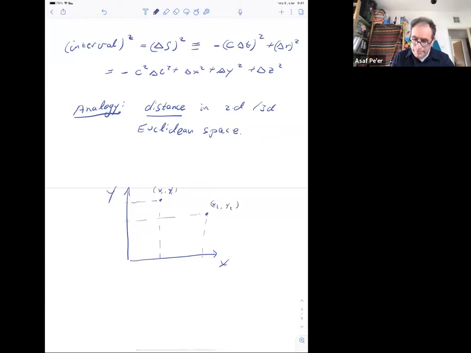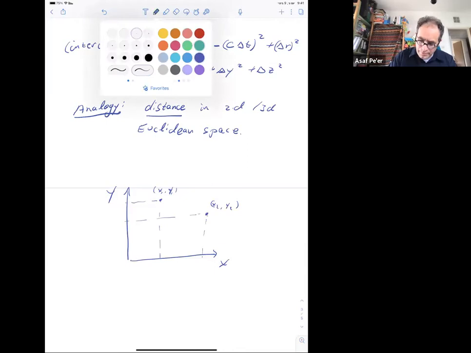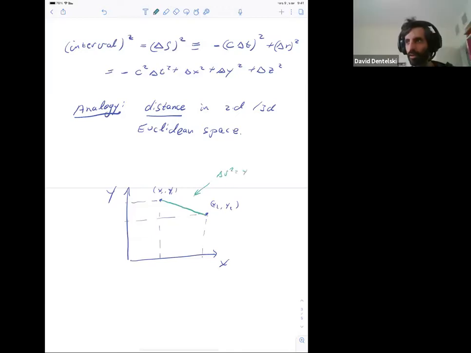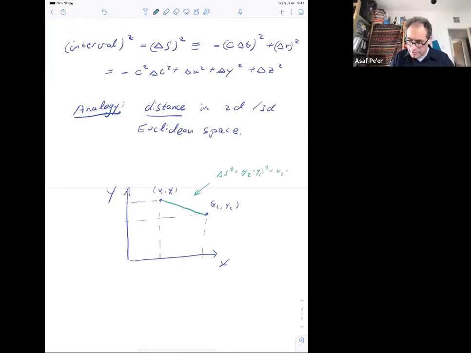And what's the distance between the points? What is that? The difference, of course, x2 minus x1 squared, etc. y2 minus y1 squared plus x2 minus x1 squared, right?